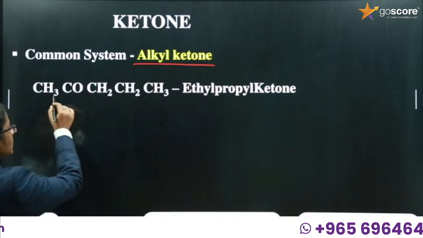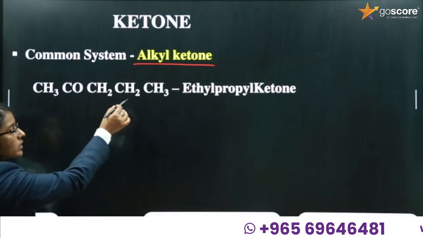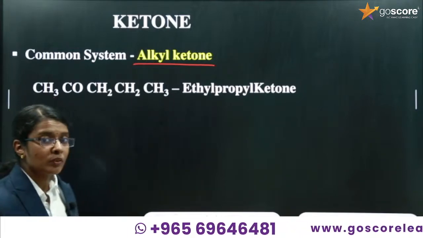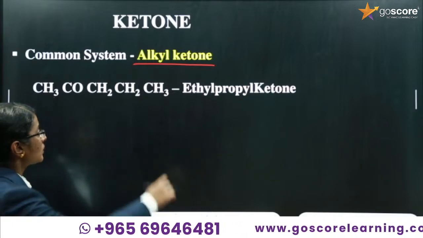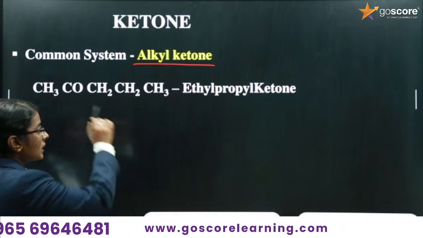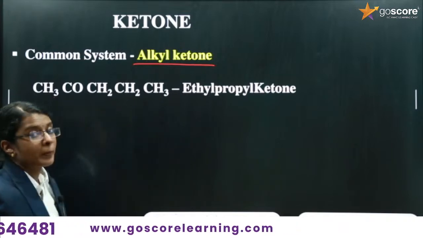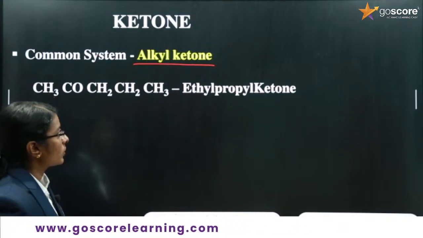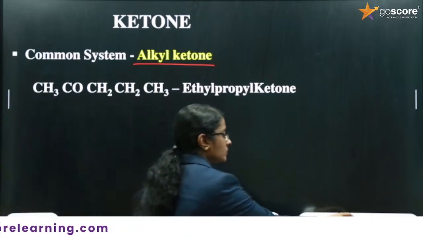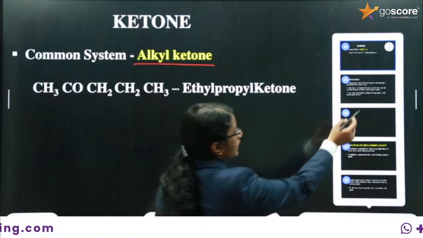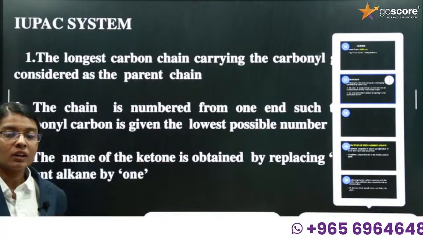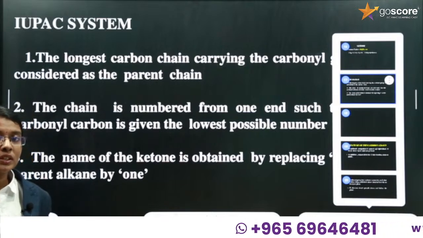CH3, CO, CH2, CH2, CH3. You have to write in alphabetical order. The first one will be ethyl, then propyl: ethyl propyl ketone. What will be the IUPAC naming?